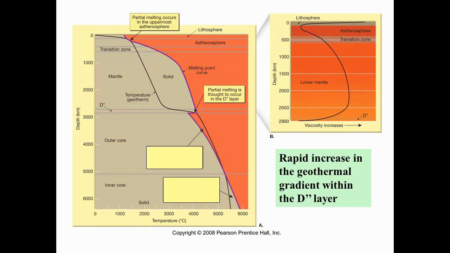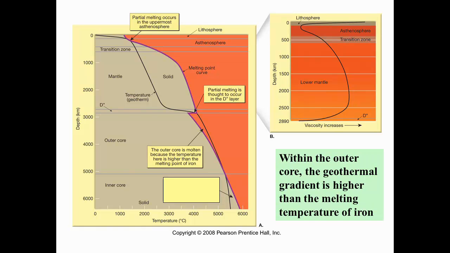But as we pass through the D double prime layer, we again see an abrupt increase of temperature with depth. And we're going to look at this in a little bit more detail. But further down within the outer core, notice now that the geothermal gradient temperature is higher than the melting temperature of iron.